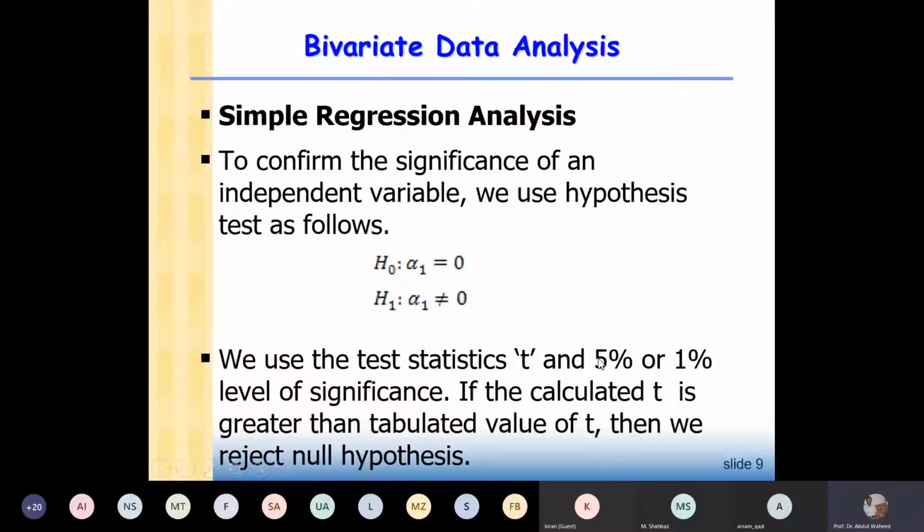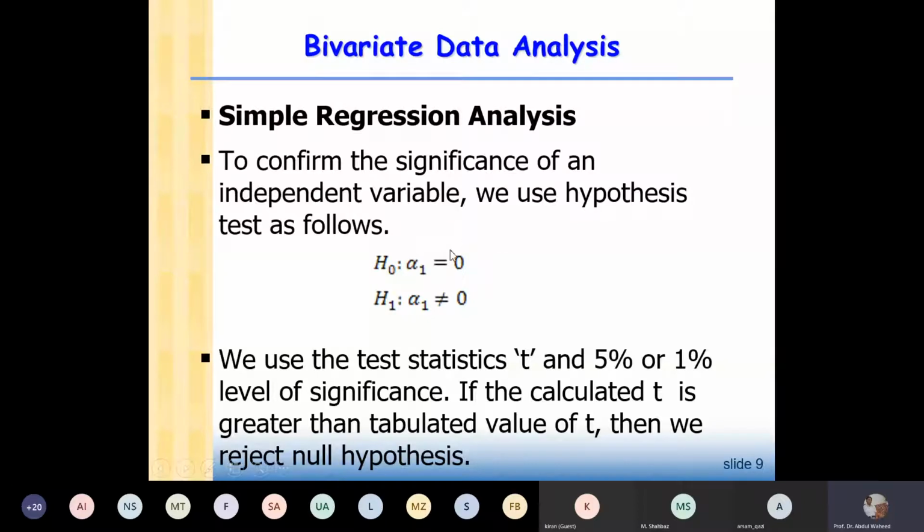Okay, and if the probability of the t statistic is more than 0.05, then we will accept the null hypothesis. So if the probability is 0.01, it means again we will reject the null hypothesis and we will say that the coefficient is significant at the 1% level. Okay, I will show you some results later on.